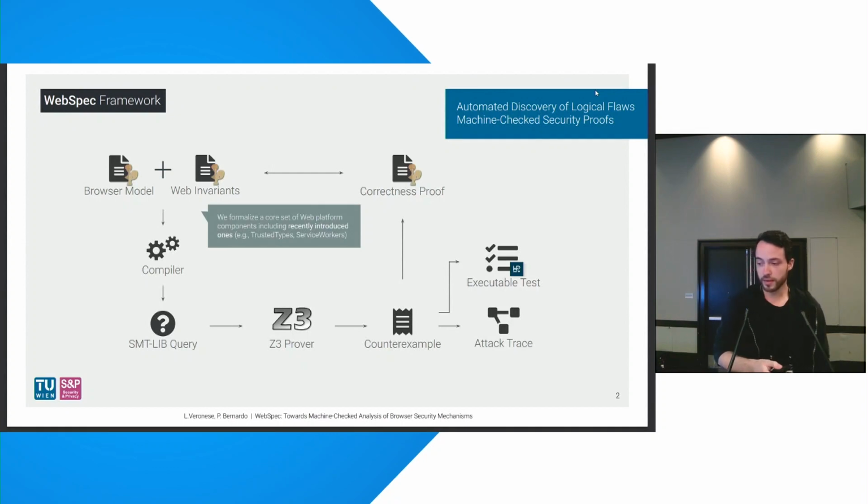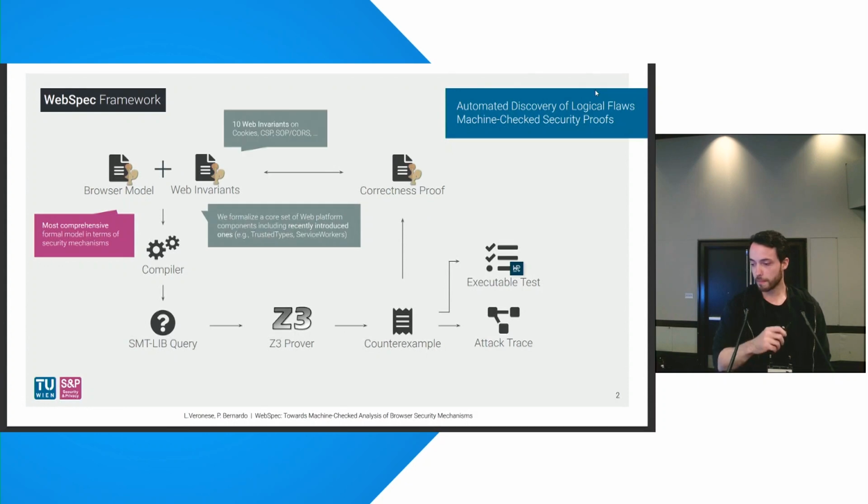This formal model is composed of a set of core platform components and includes recently introduced ones, for example, Trusted Types and Service Workers. I want to note that this model is, to date, the most comprehensive one that allows for automated and machine-checked proofs.